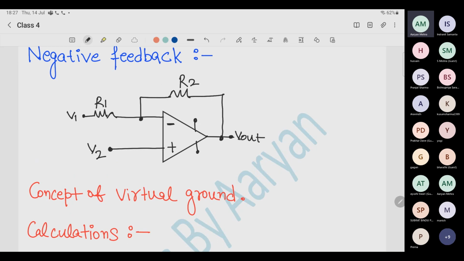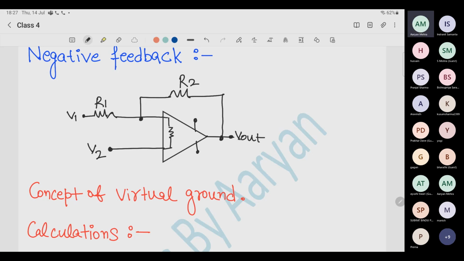Now comes a very important concept of op-amp, and I want you to focus here: the concept of virtual ground. For that, I just need to remove this symbol so you understand it. Now I said internal resistance is infinite. It is still infinite because it is an ideal op-amp.